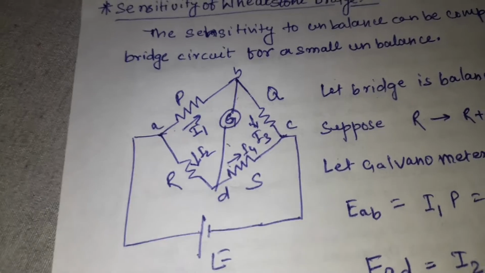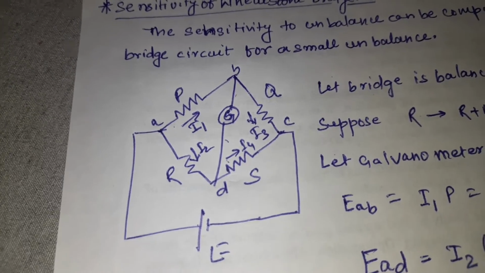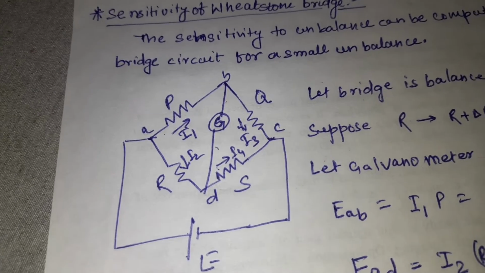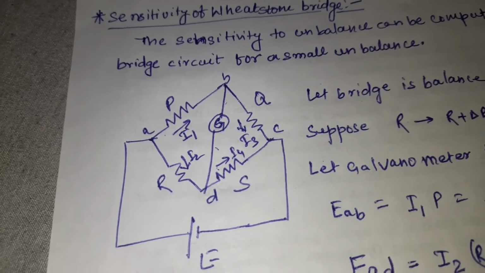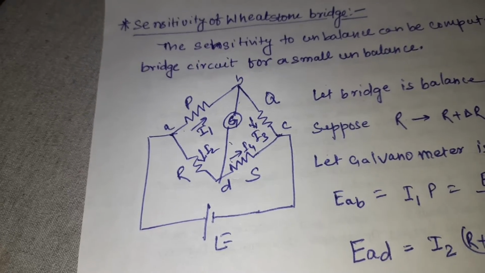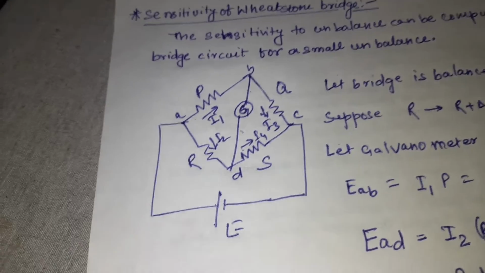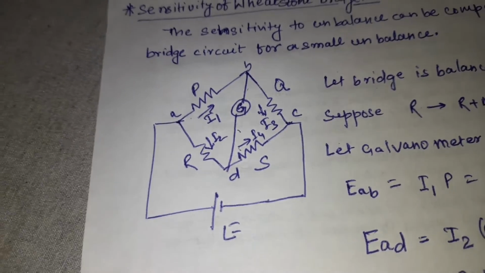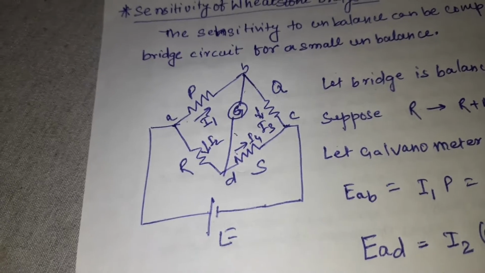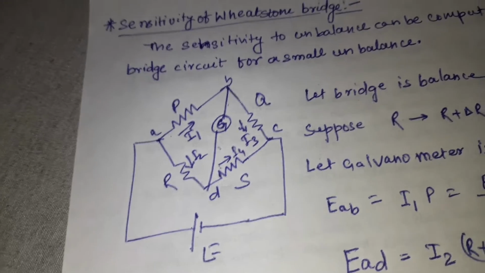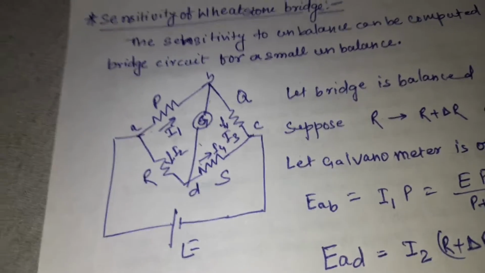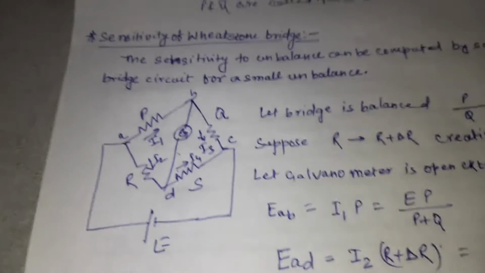Sound system means sound sensitive, that is, sound is directly proportional to the current flow through the galvanometer. When you get the minimum sound through the sound detector, the null detector, then we consider the bridge balanced. So we have to calculate the sensitivity of the bridge.